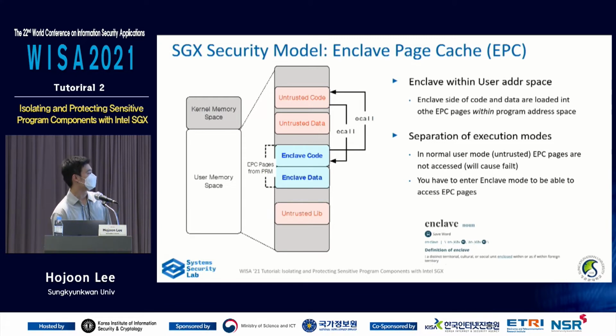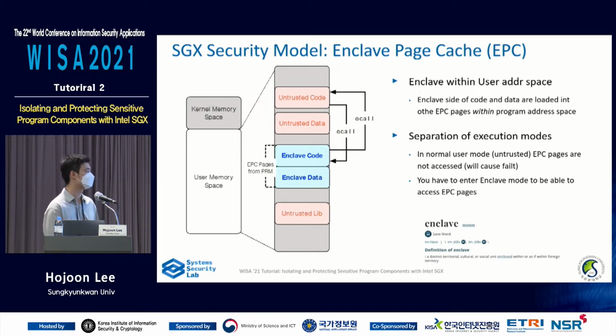All right, so now we know what EPCs are, and EPCs are mapped into the virtual address space just like any other user space component. Inside your user program, there's untrusted code, which is also your program, and there's a secure enclave zone that stores the enclave code and enclave data. They're placed within the same address space. It's not like user and kernel, where you have different address spaces. But there's separation of execution modes.